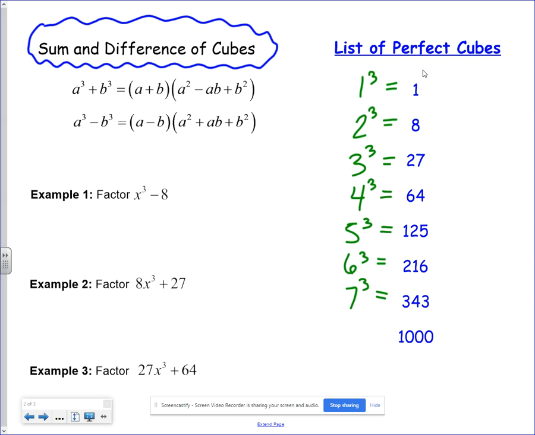And then you could do some more if you wanted, but I just get down to 10 to the third power, which is 1,000. So you could do 8 to the third power, you could do 9 to the third power.